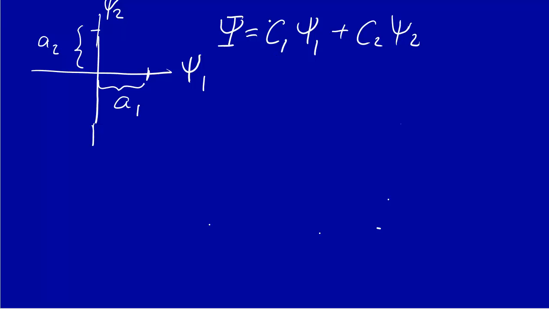So we want to show that the square of C1 is the probability of measuring this particular eigenvalue A1, and the square of C2 is the probability of measuring this particular eigenvalue A2.